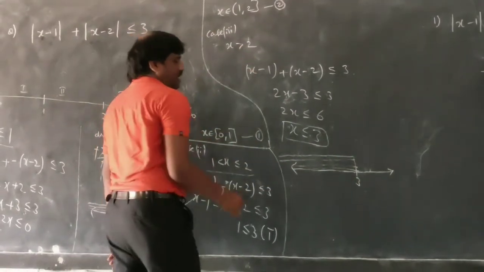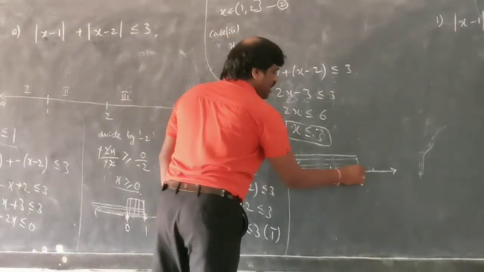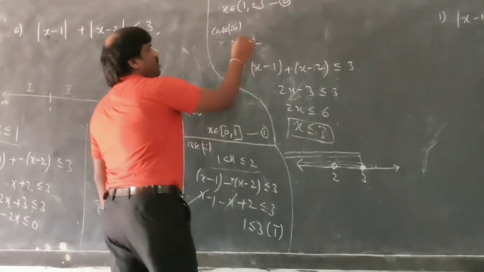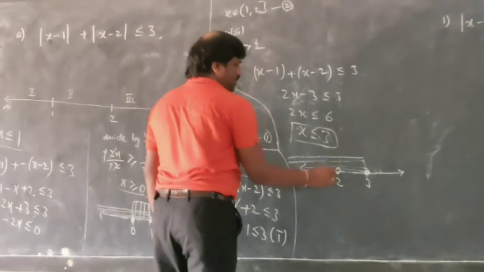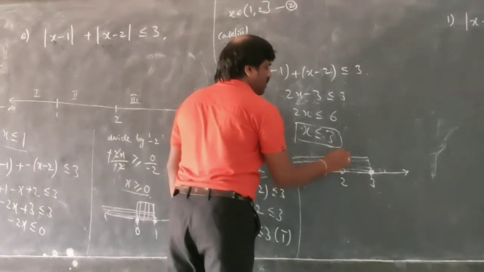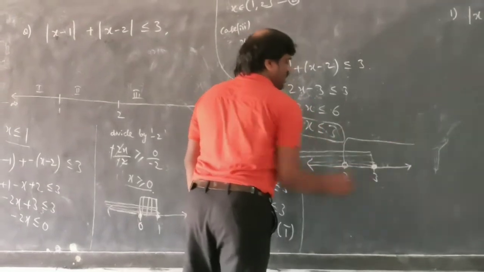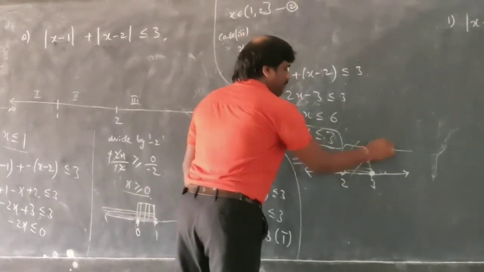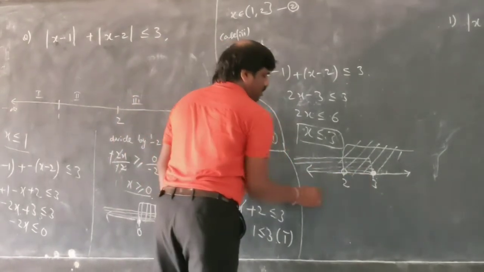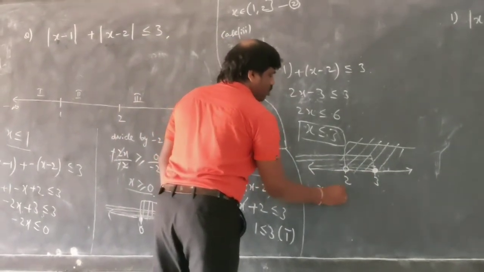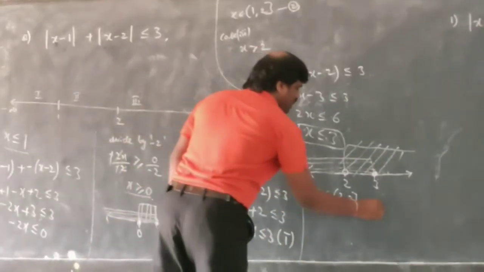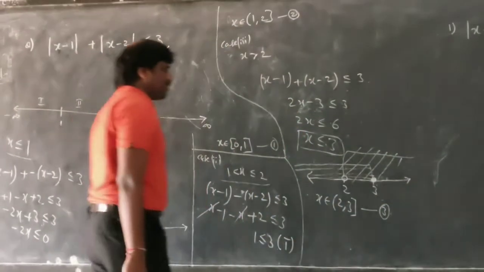In this case it says x greater than 2, and here 3 is included, and 2 is not included, so hold a circle, an open one. Greater than 2 means this side. Combined, what is there in both? Combined is 2 to 3. So the answer belongs to 2 open, 3 closed. This is the case 3 answer.